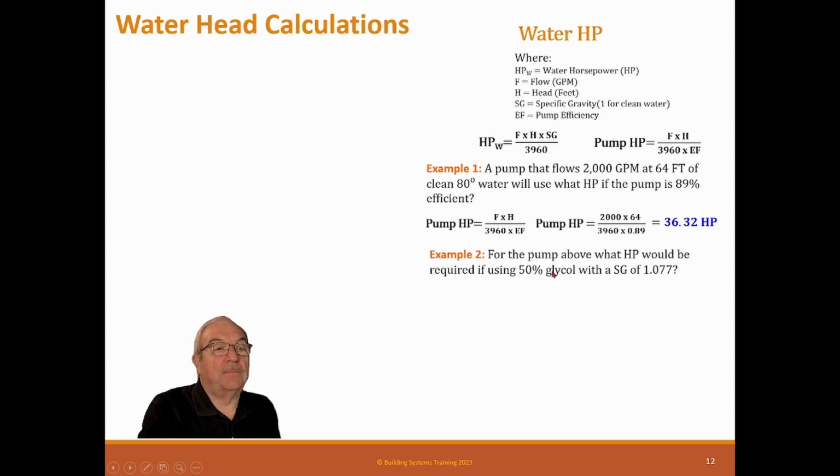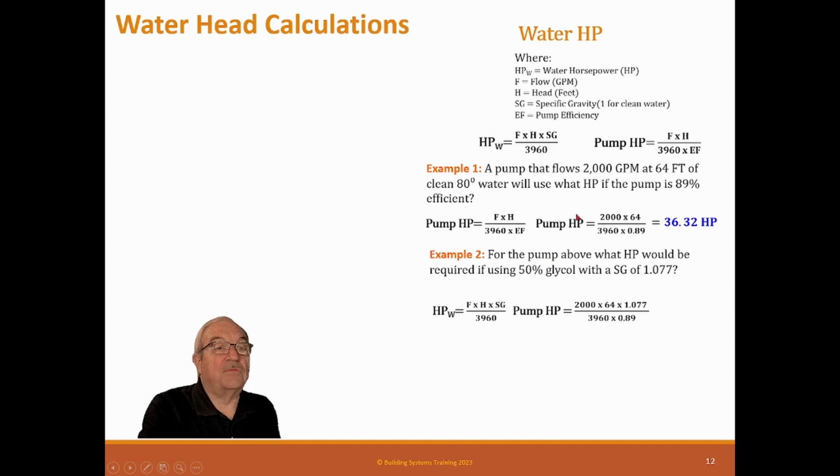And the reason is because it's got the efficiency in there. So for the pump above, what horsepower would be required if using 50% glycol with a specific gravity of 1.077? So now we have to use slightly different numbers. The pump horsepower now equals 2,000 times 64 times 1.077, that's the specific gravity, over 3960 times 0.89.